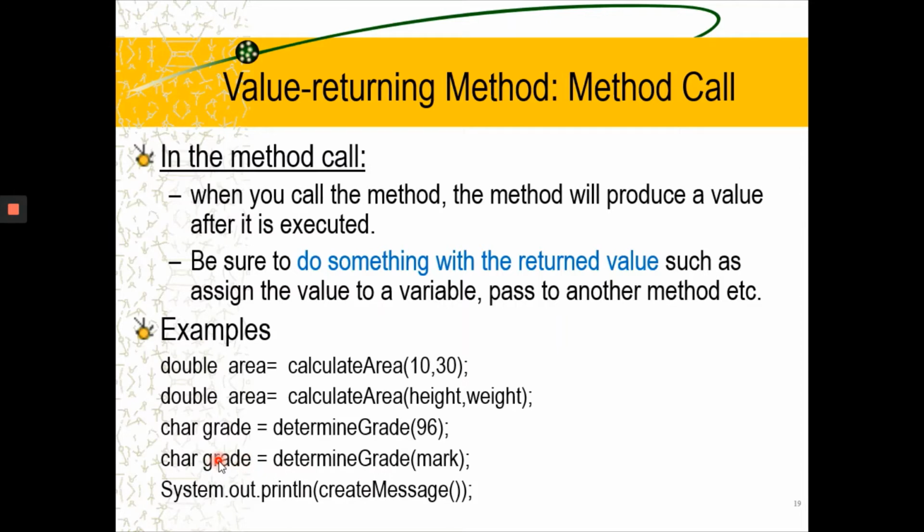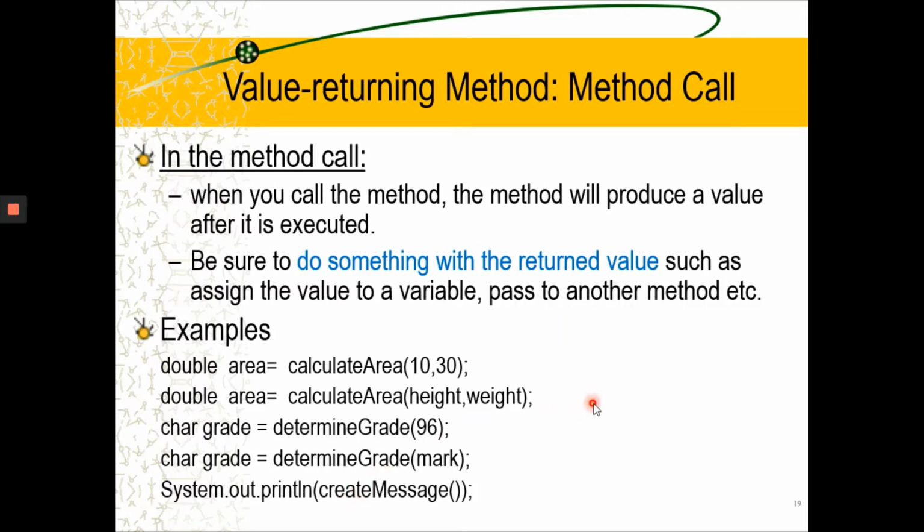Otherwise, you can also directly print out the value. For example, you have SOP, create message. This will call your method, and whatever value is returned by the method will be printed directly. So either way depends on the usage and the needs of your code.